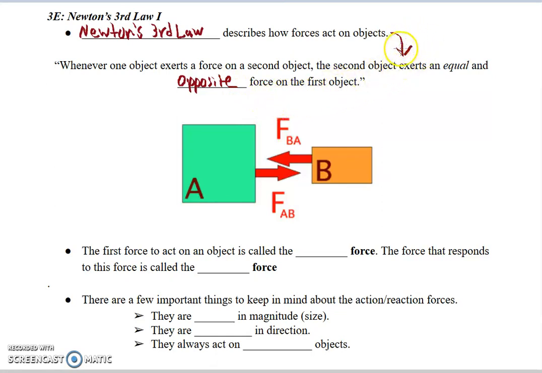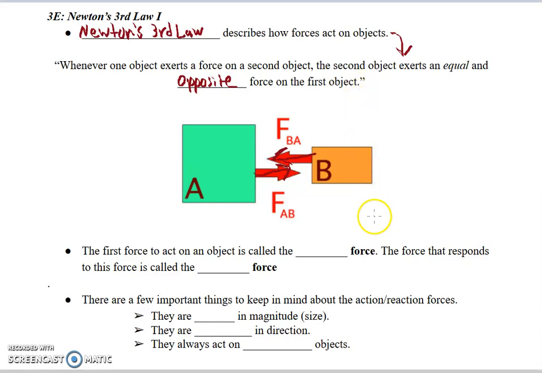So what that's saying basically is you have two objects, and if A pushes on B, there's going to be a force from B on A. It's basically saying there's a reaction to forces.